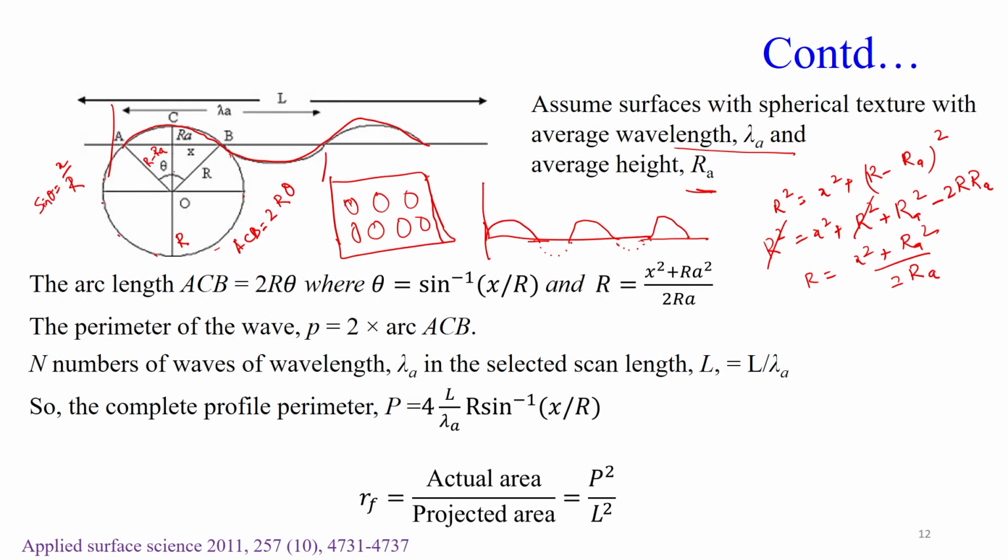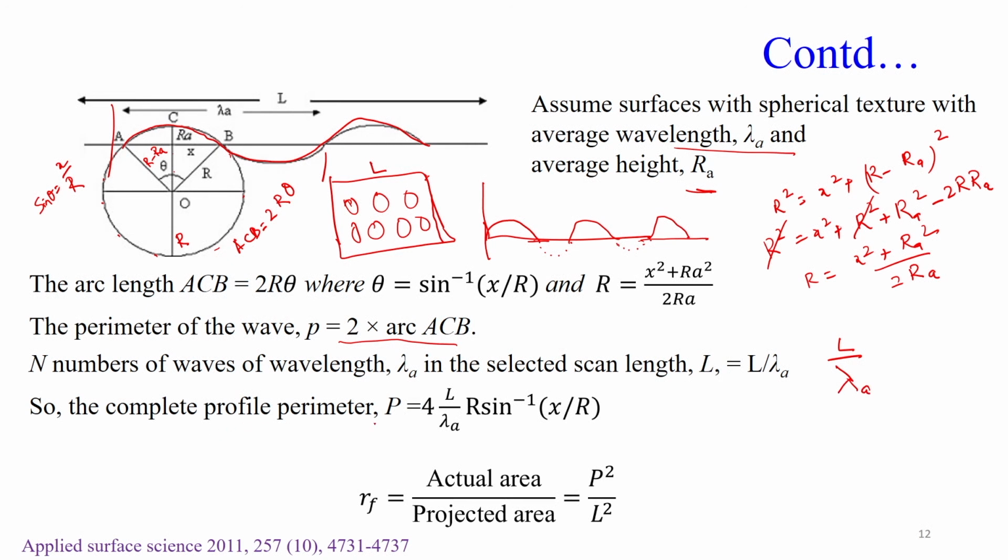Now, what is the perimeter of one wavelength? One wavelength is lambda, and if you just see, it is twice the curve length ACB. Now, let us say the total length is L. So, how many waves will be there? The number of waves will be L upon lambda A, the length of one wave.